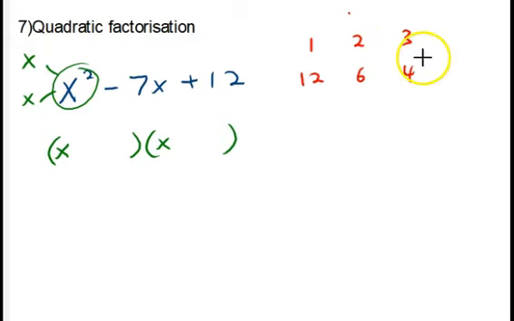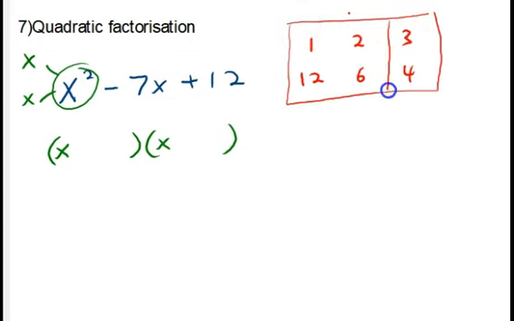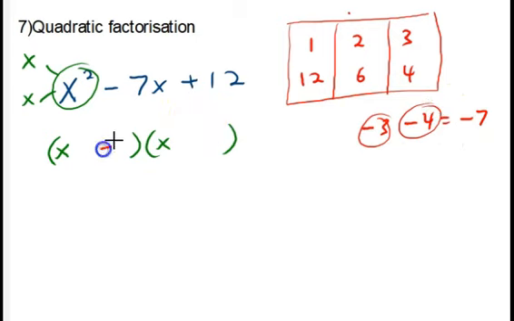So we have to choose the third box. With plus and minus, you can get negative 7. To get negative here, we use negative and negative. So your answer here is negative 3 and negative 4.